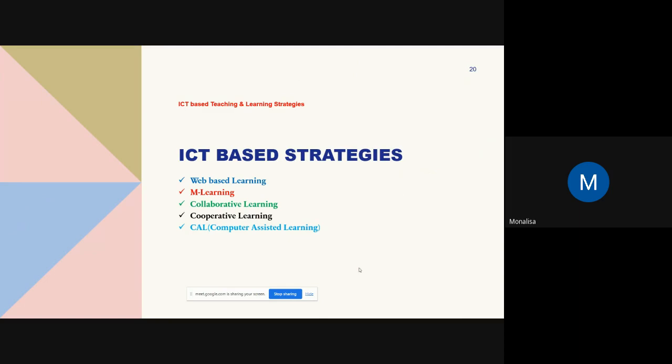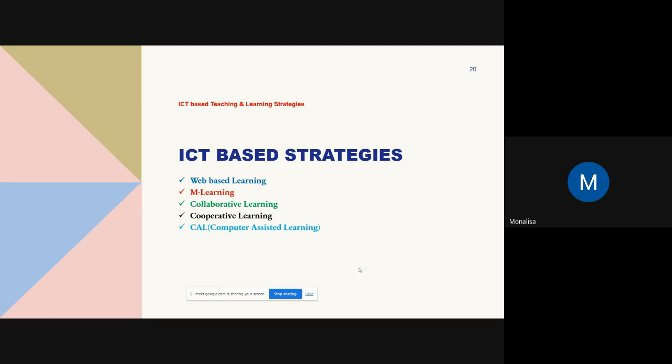And now coming to the ICT based strategy, that means ICT can be integrated in our teaching learning process in various ways. We can have web based learning, mobile learning, collaborative, cooperative learning, computer assisted learning using ICT.